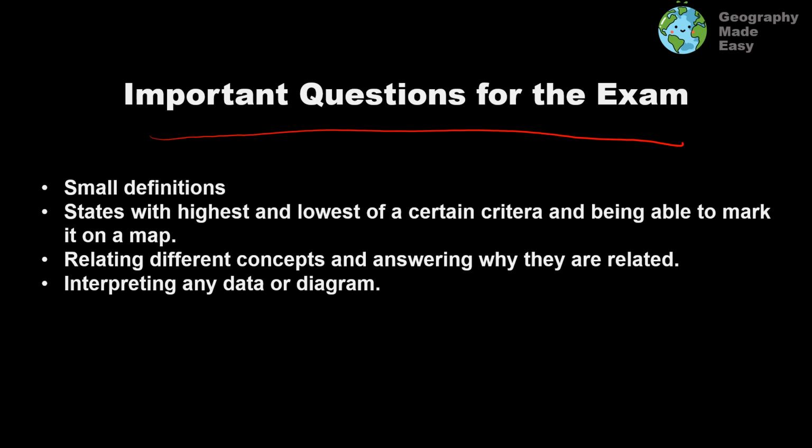Relating concepts, as I have already discussed, like relating literacy with sex ratio, or relating rural-urban population with the migration pattern, which we have done in the previous chapter, this can come. So you can have these conceptual questions, you need to relate them, and then you should be able to answer them.